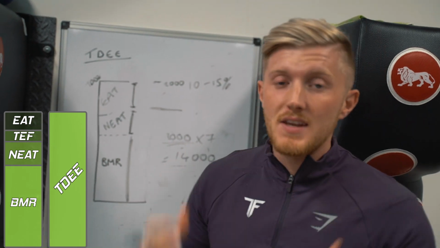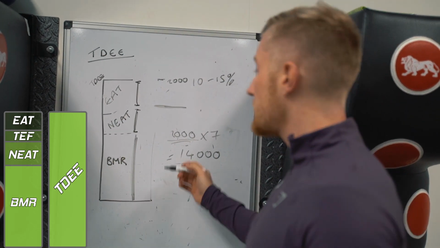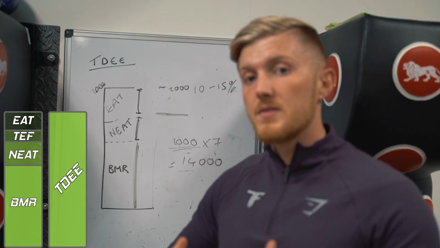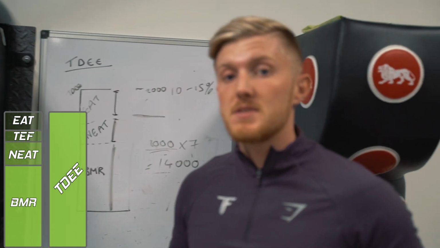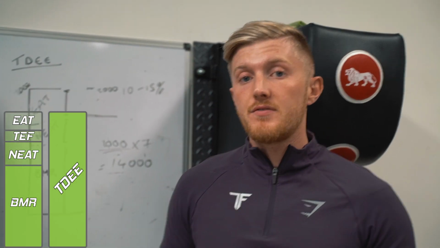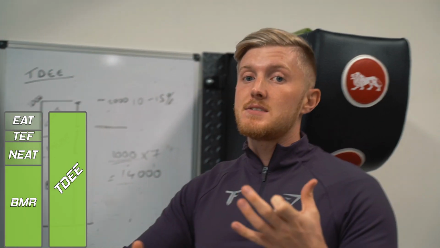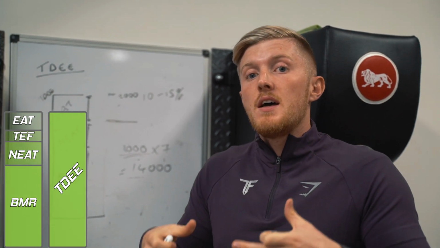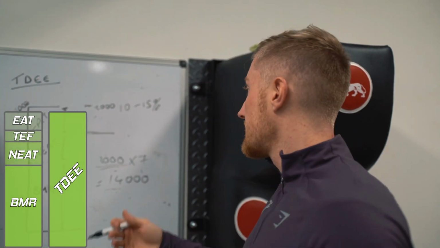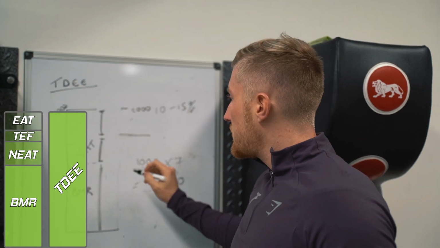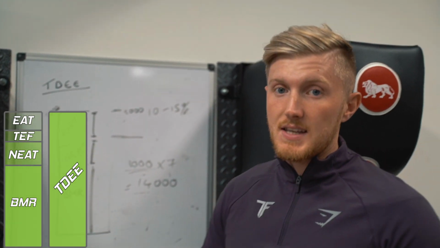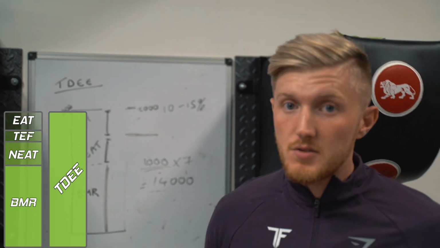This is a very basic video, so I'm not going to go into the protein, fats and carbs part, but it is a good idea in terms of satiation, to keep yourself full, to keep your foods high in protein. What that also does is help you maintain muscle mass so that the weight you're losing is coming from fat predominantly. If you are at 2,000 calories a day times 7 days, you're going to maintain your weight.